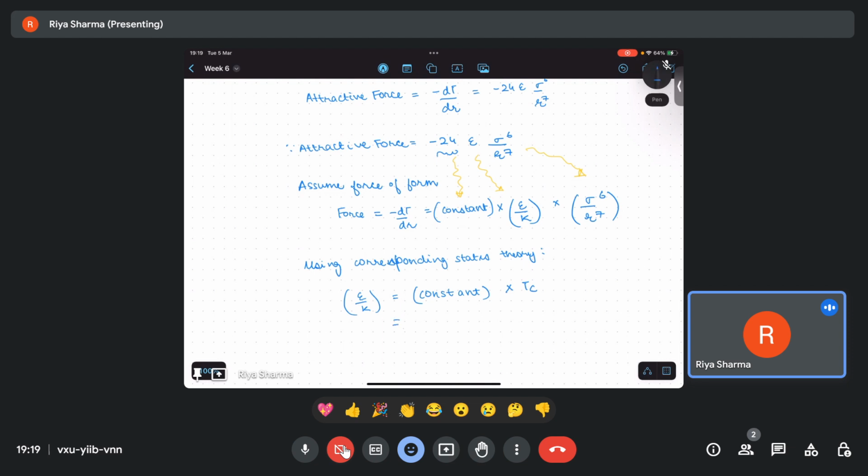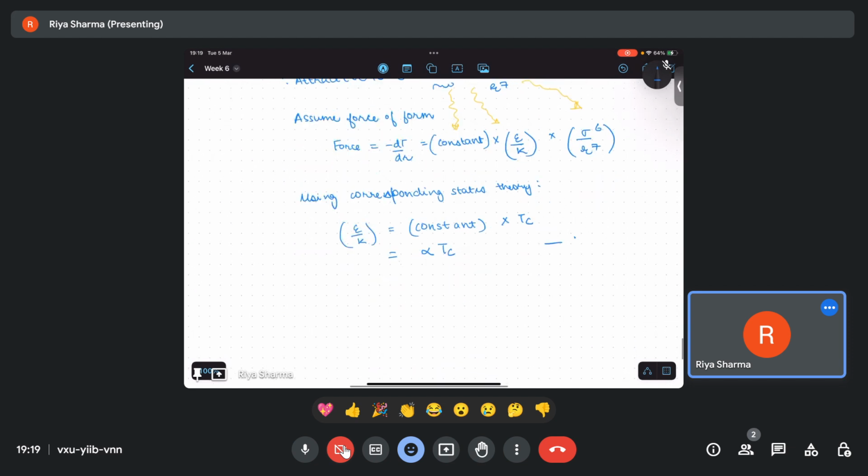Let us assume this as alpha into Tc. So this is our first equation.